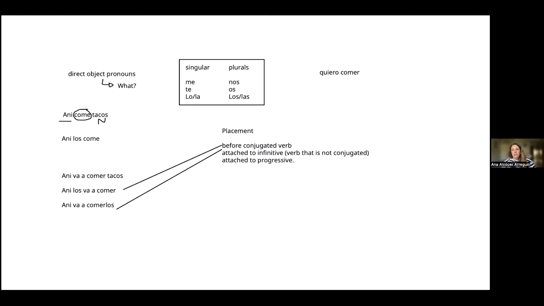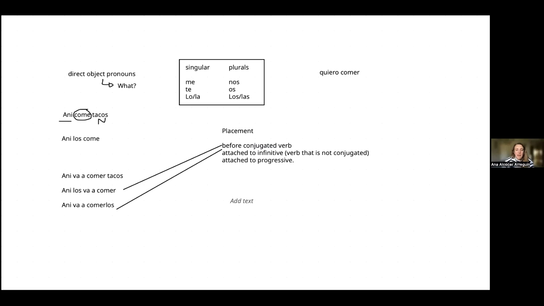Now, with the progressive, we just saw that in this chapter. So we could say, Ani está comiendo tacos. Remember the ando yendo. We're practicing that. And we need the verb estar, remember, for the progressive. So in this example, you have a verb that's conjugated, which is the verb estar, and you have the progressive.